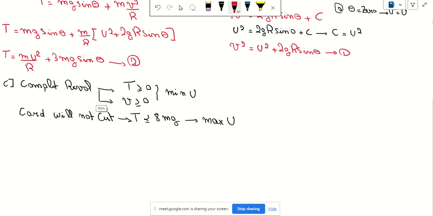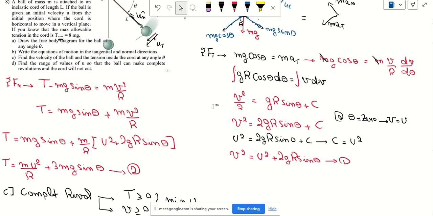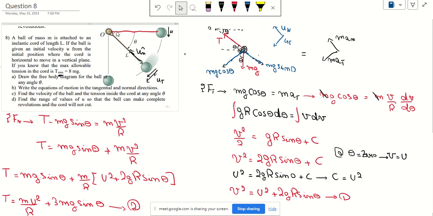Guys, clear? Yes, sir. Okay. Let's begin with the minimum U. Let's start with V greater than 0. What is the critical point for V greater than 0? When at the highest point.